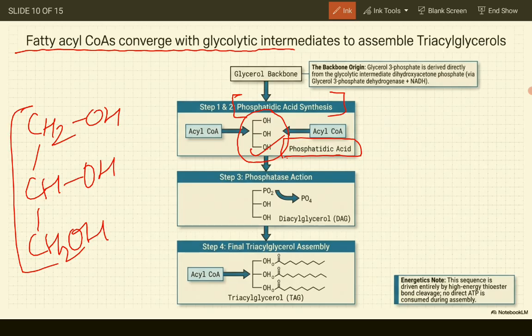Once phosphatidic acid has been produced, it undergoes a reaction to produce diacylglycerols by the addition of two acyl CoA.